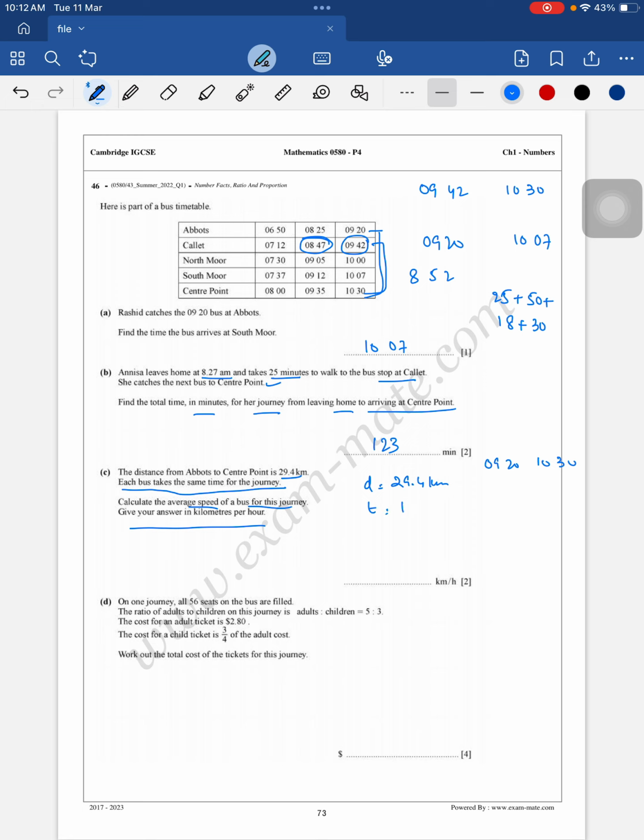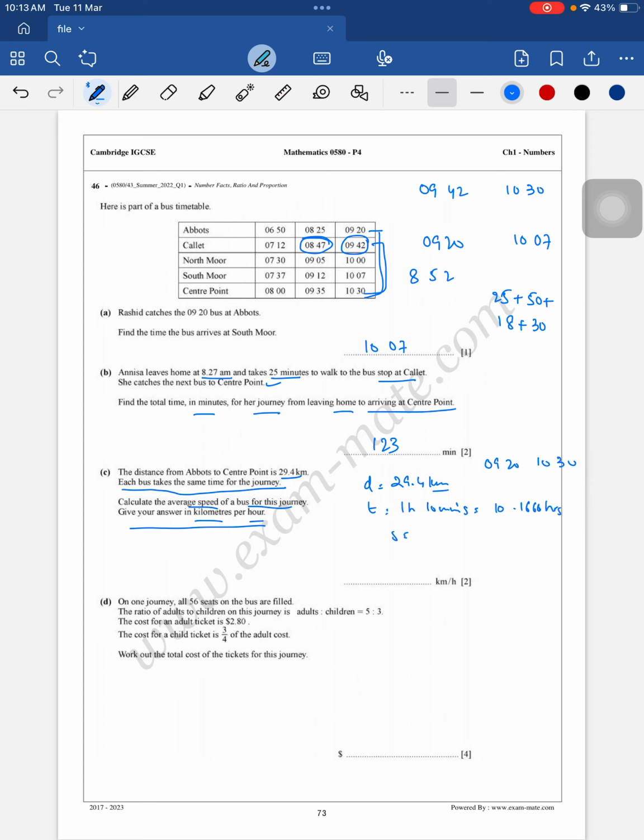Now since I have to calculate the answer in kilometers per hour, so this is kilometers, and per hour 1 hour 10 minutes. So if I convert 10 minutes into hours, it means 10 divided by 60. It is 1/6. So 1 hour 10 minutes is equal to 1.1666 hours, sorry, I wrote 10.1666 by mistake.